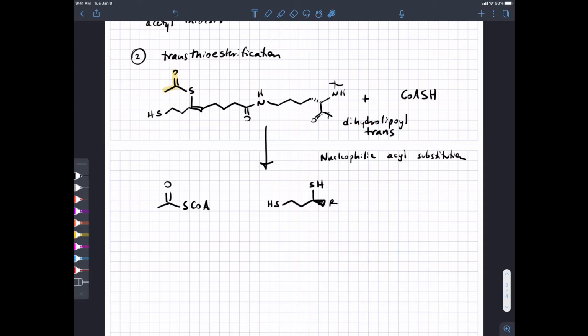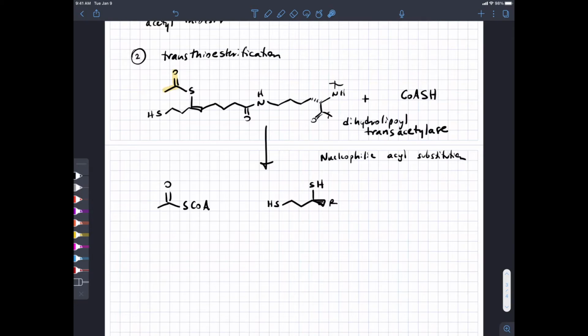The dihydro tells you that it's reduced. And then the name transacetylase tells you that you're moving the acetyl group from the thiol of the lipoyl group to the coenzyme A. All right. So I don't think we need to spend too much time on that.